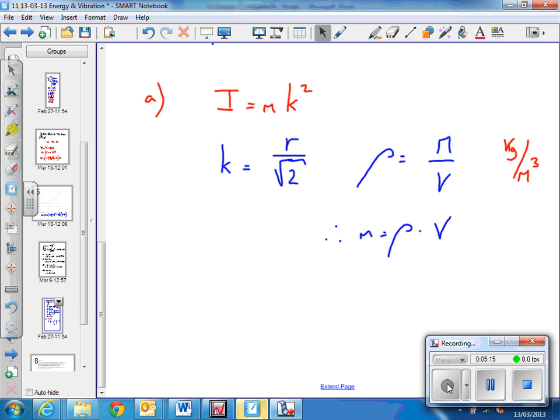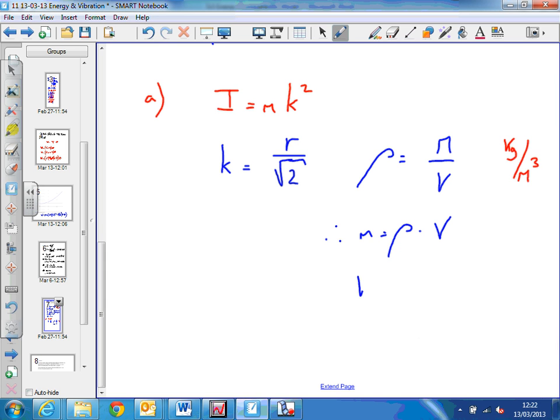Now, we're given the density of this material. It's 7,200 kilograms per cubic meter. We're not given the volume though, but we know what shape it is. So what is the volume of a cylinder? The formula? Pi r squared, the area of the end, times the length.